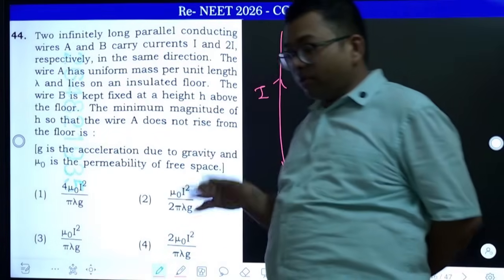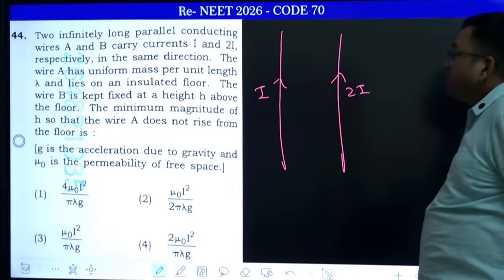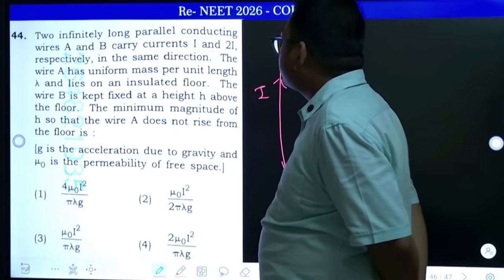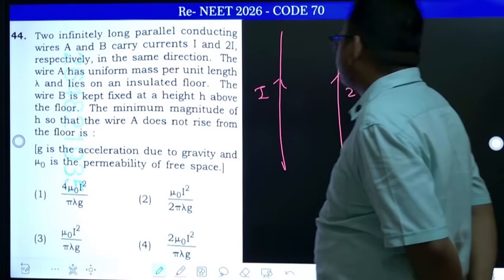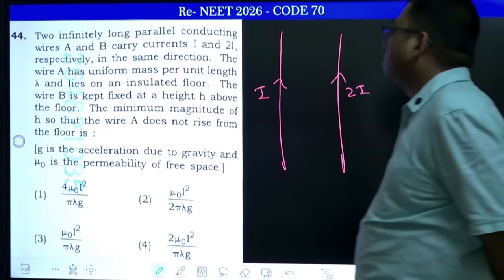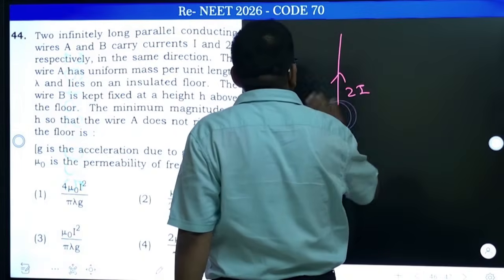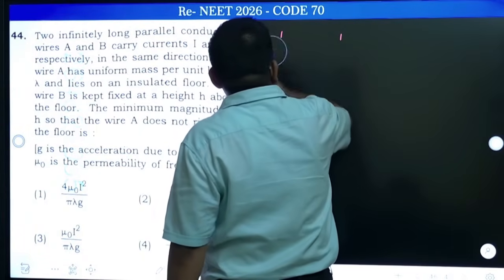So one is on the ground, another is above that. The minimum magnitude of h so that wire A does not rise from the floor is asked. Minimum height. Okay, so if it is rising, it is because of force only.